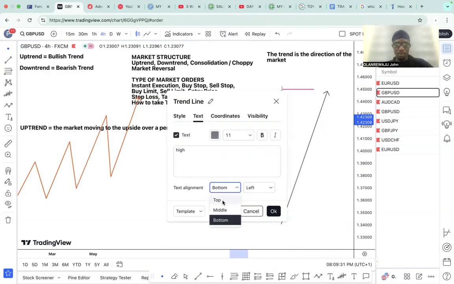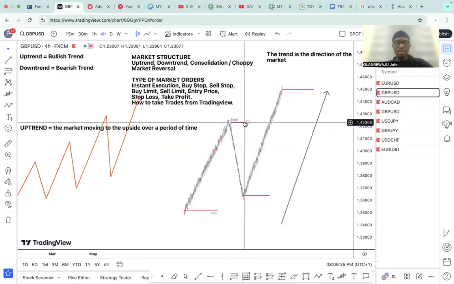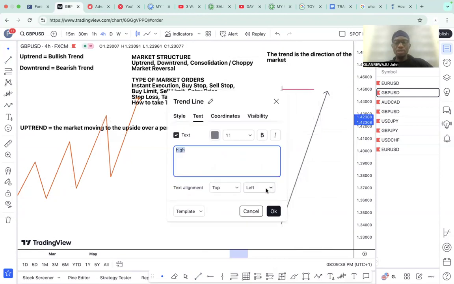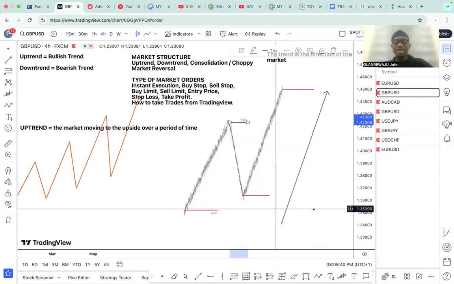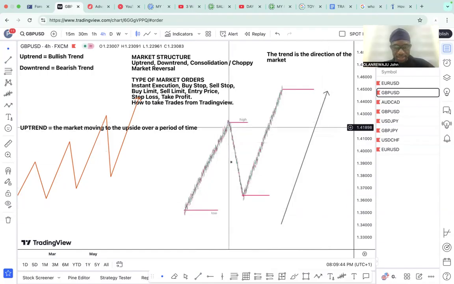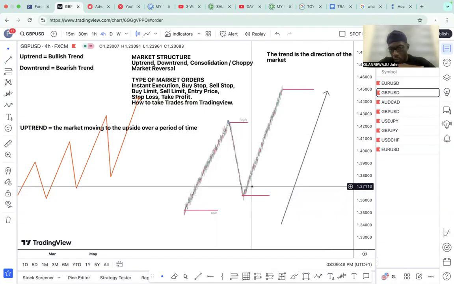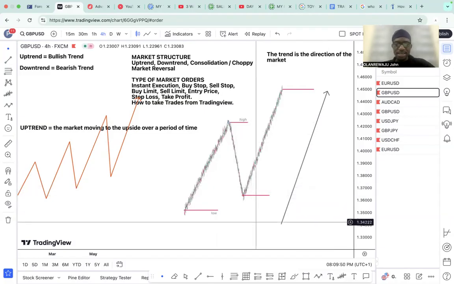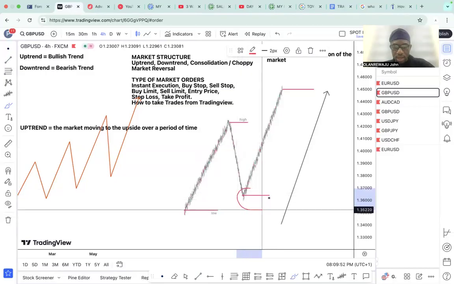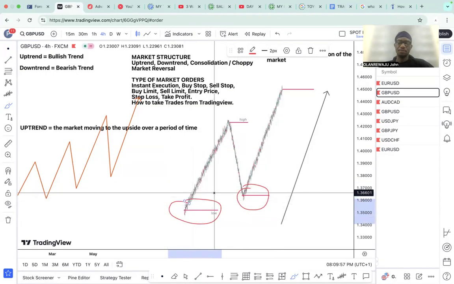Follow me. Now you see this region, it is now called what? It is called a higher low. Why is it called a higher low? It is called a higher low because the market came down. At this point, this place is also low, but it is a low that is higher than where the former low is.